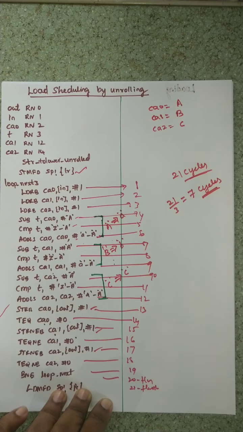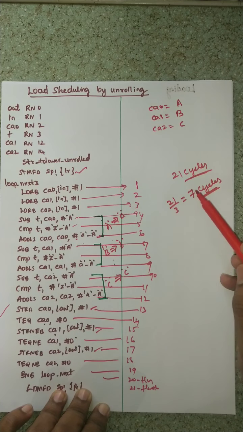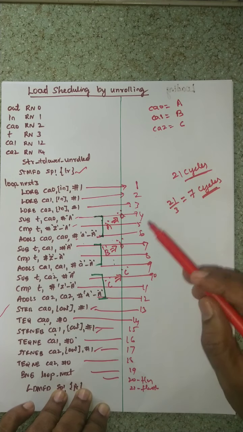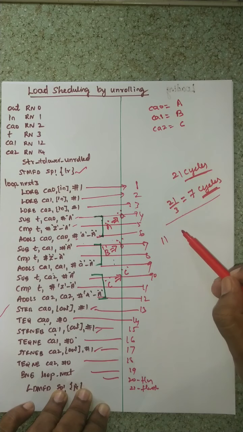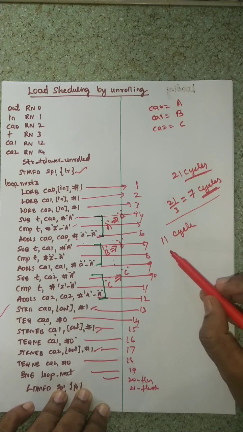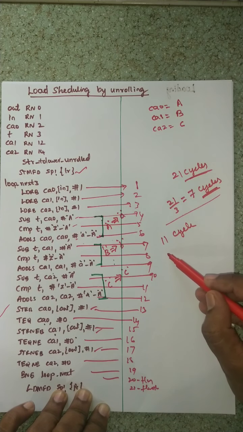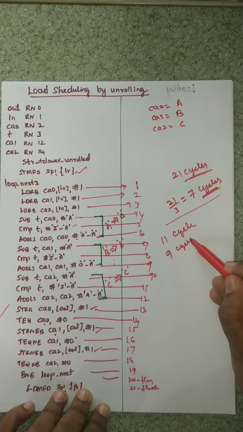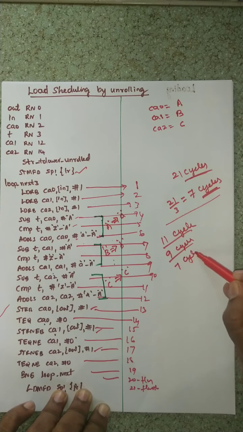So in this case, converting one character takes 7 cycles. In the previous case, the original code took 11 cycles, and in the second case, the preload technique, it took 9 cycles. Now it takes only 7 cycles.